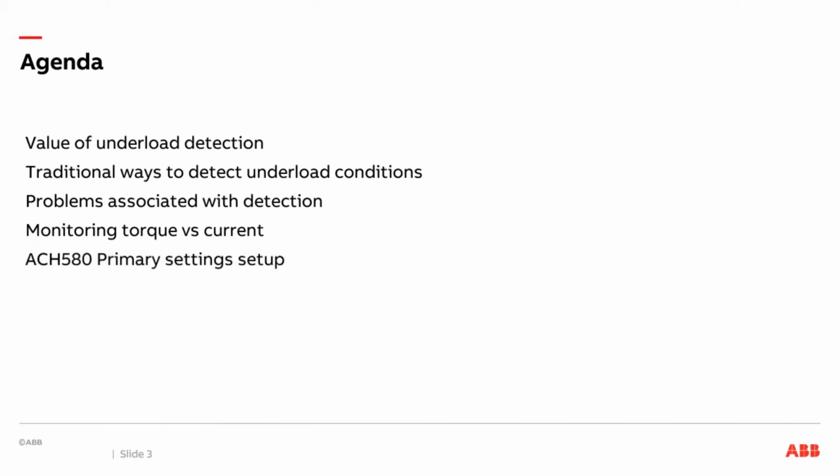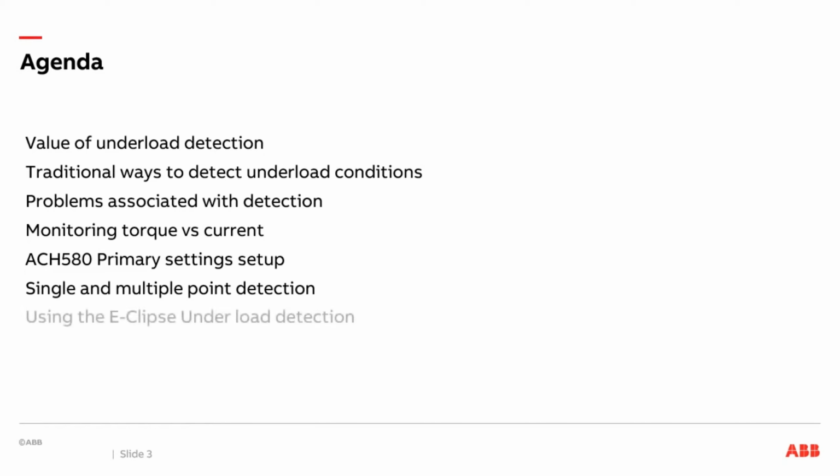Operation and setup will be discussed for both single load point and multiple load point detection. And last but not least, my discussion covers the Eclipse user load curve or underload detection and bypass. And to close this presentation, I'll review what we've learned.